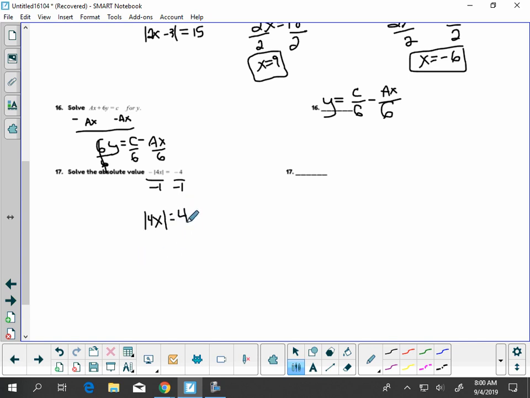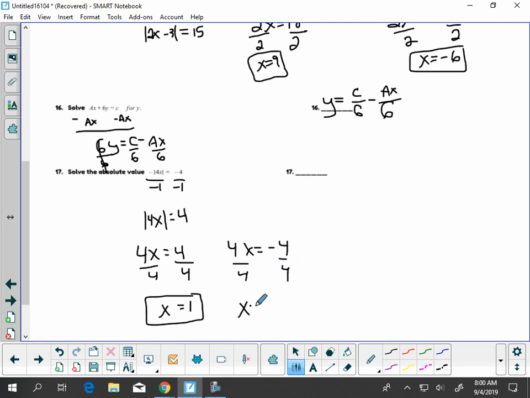Set up your two equations because it's equal to a positive. 4x equals 4. 4x equals negative 4. And you're going to get two answers. The first one is 1. The second one is negative 1.